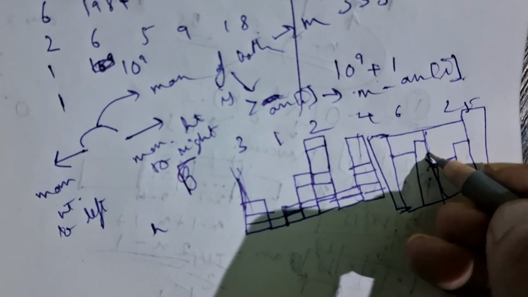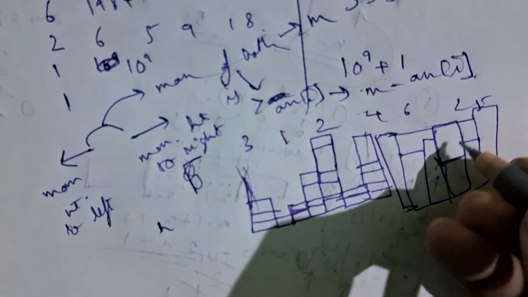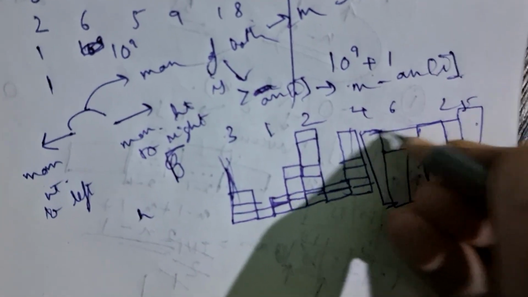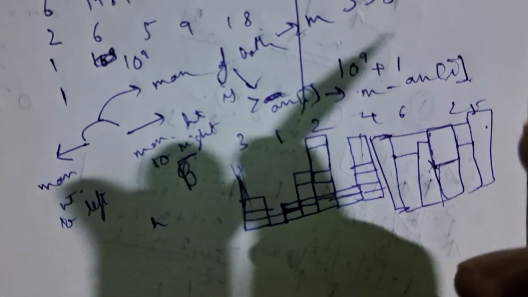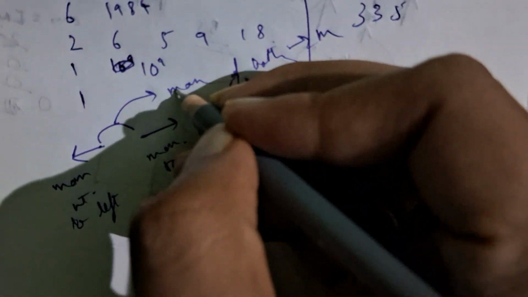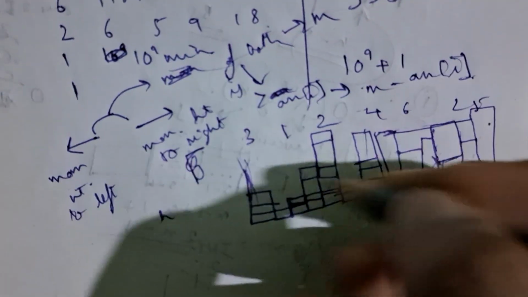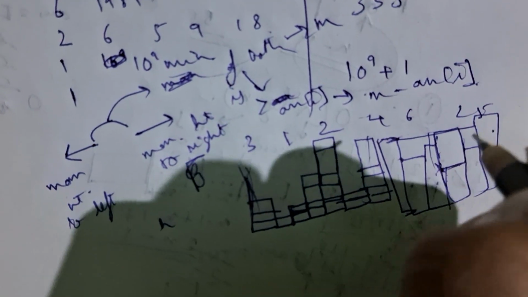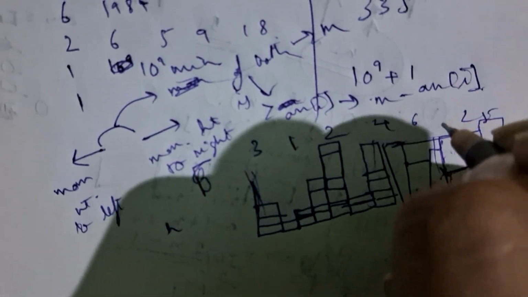So that is the maximum from the left and the maximum from the right. Actually I made a mistake, this is going to be the minimum of both of them.